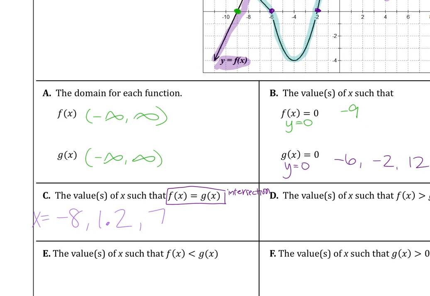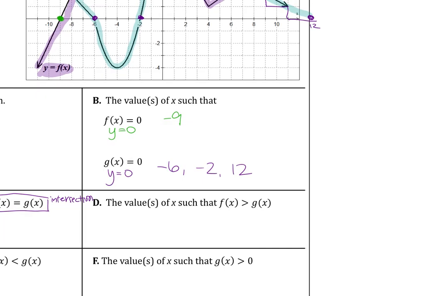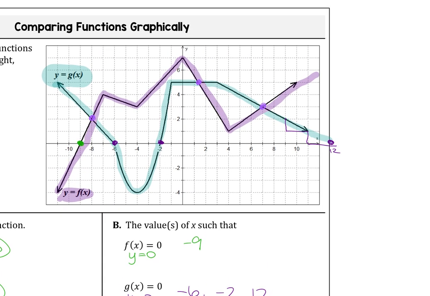Okay? Now, the values of x such that f of x is bigger than g of x. So we're looking for where f is over g, on top of, lies above. Okay? Above. So f is above here and here.